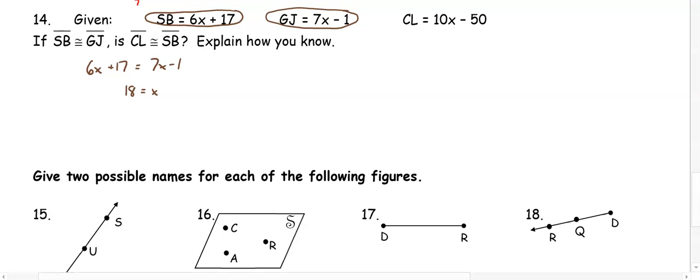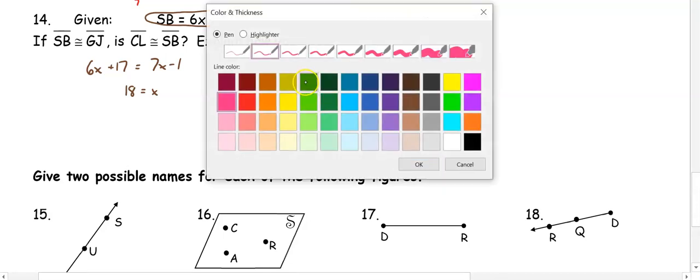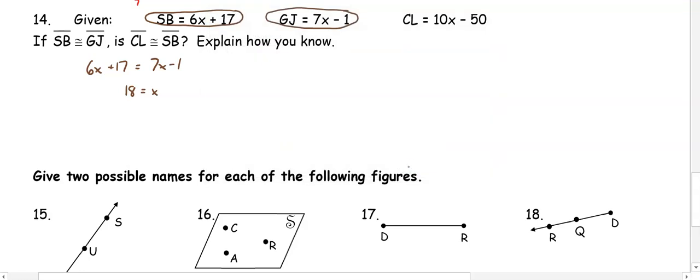Once we know x is 18, to figure out if CL is congruent to SB, we need to look at their lengths. So SB, we can substitute in 18. 6 times 18 plus 17 gets us 125.